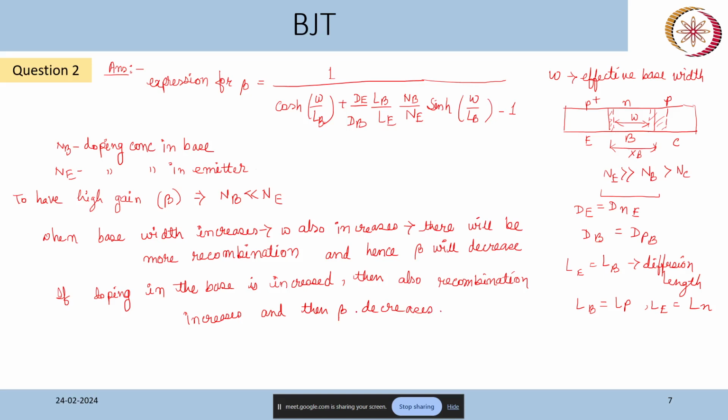Then beta also decreases. So all this information we can get from this expression of beta. So if W increases, beta will decrease, and if the doping in the base region increases, then also beta will decrease.